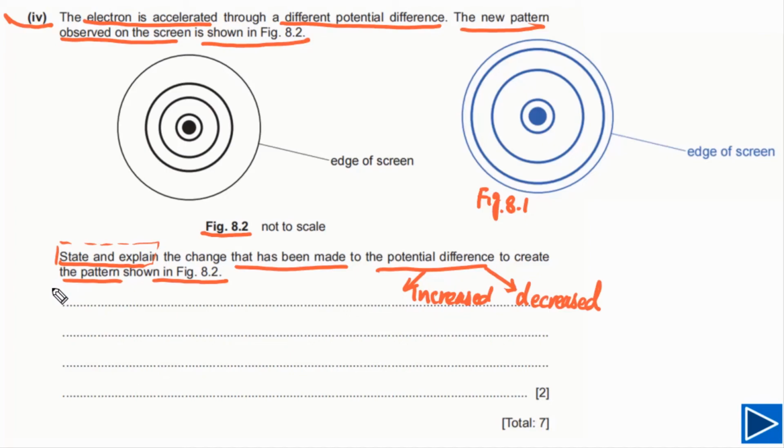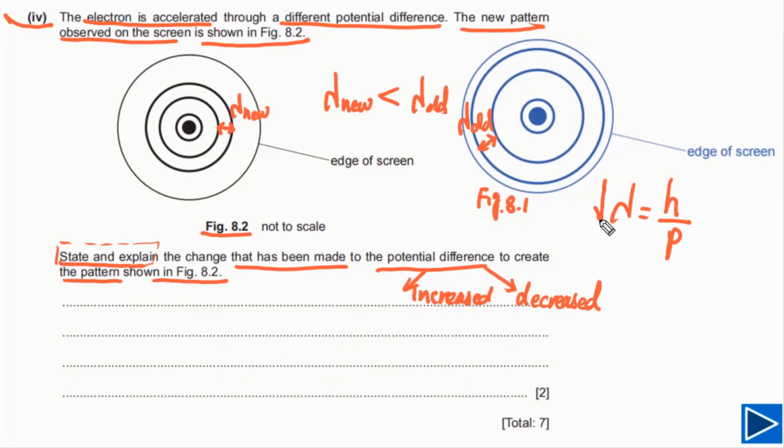So let's try to observe the difference between these two patterns. If you look at the new pattern, this is the wavelength here, lambda new. If you look at the old pattern, this is the wavelength, lambda old. It is very clear that lambda new is shorter than lambda old. In the de Broglie wavelength equation, lambda is equal to h over p.